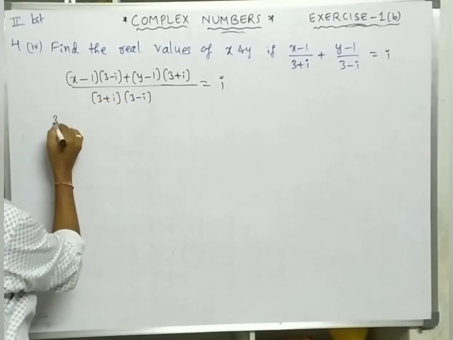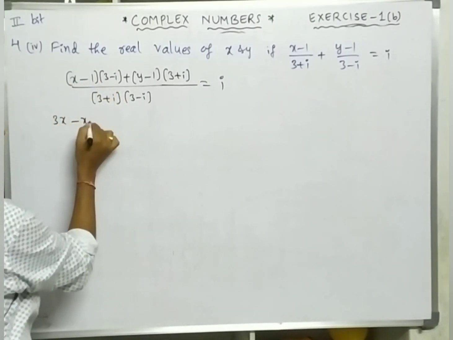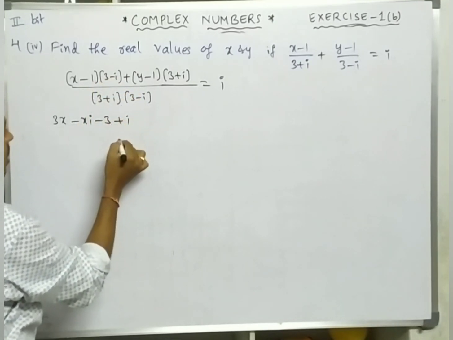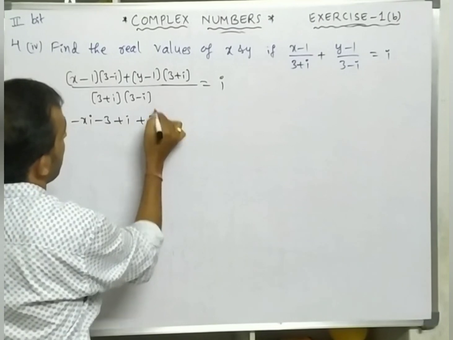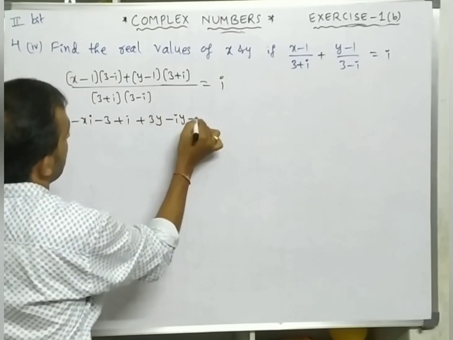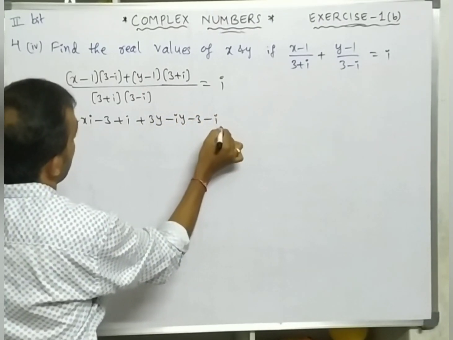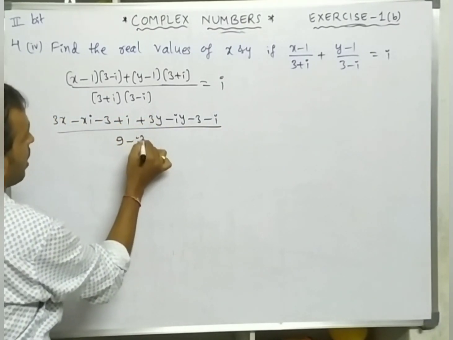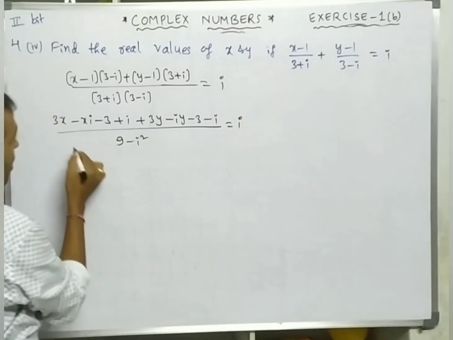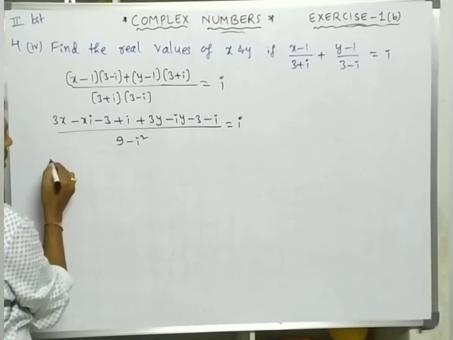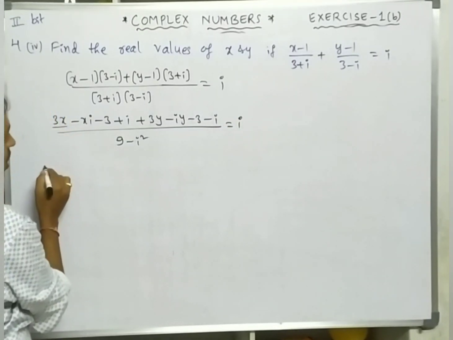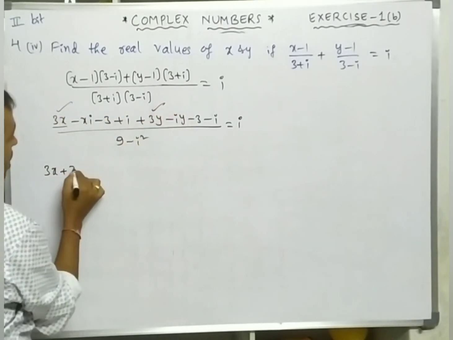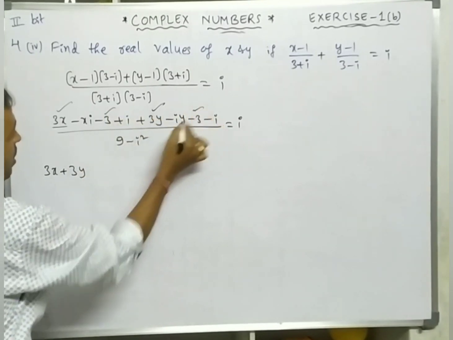Now x into 3, 3x minus xi, minus 3 minus 1 into minus i, plus i, plus 3y plus iy, minus 3 minus i, by a plus b into a minus b, 3 square 9 minus i square, is equal to i. Now 3x plus 3y real parts, 3y minus 3 minus 3 minus 6.